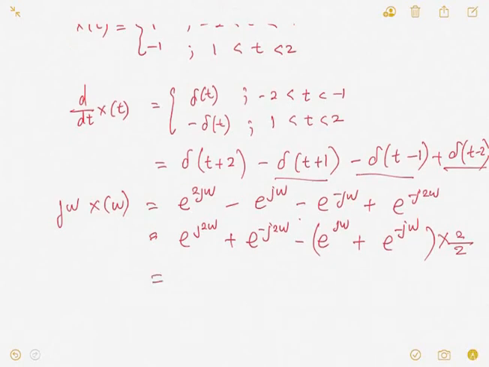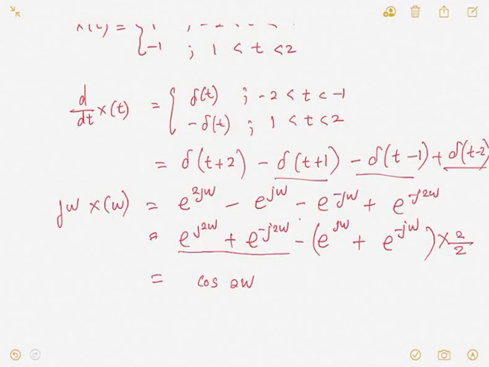So if I have 2 here, I can change to cos: exponent j2 omega plus exponent minus j2 omega, divided by 2, changes to cos 2 omega.